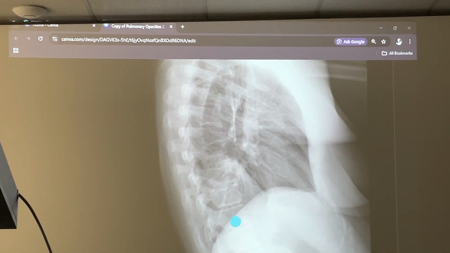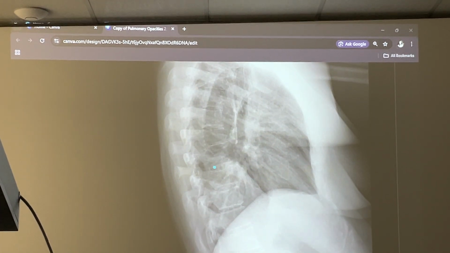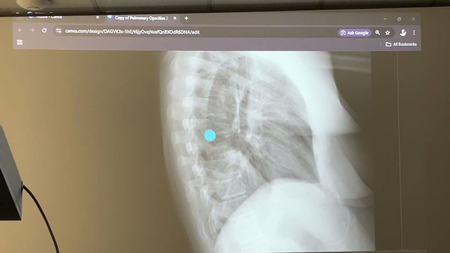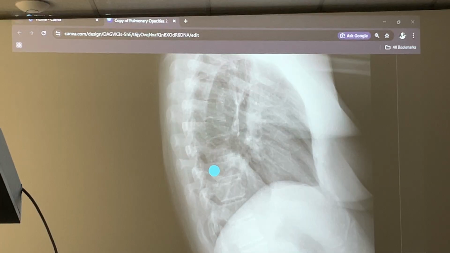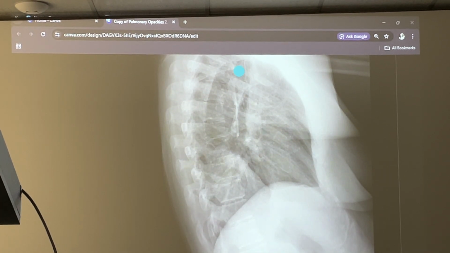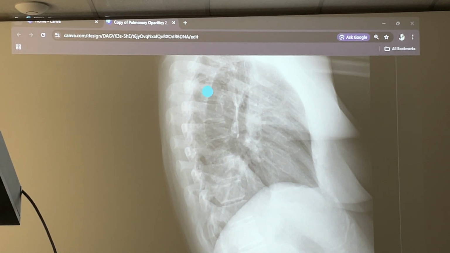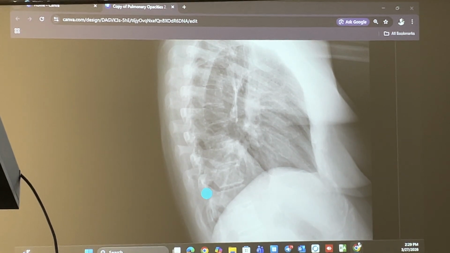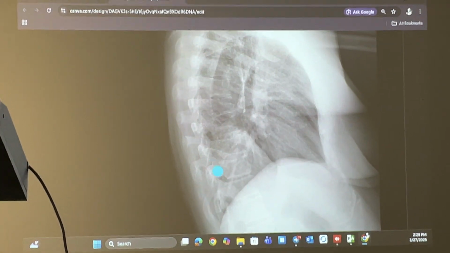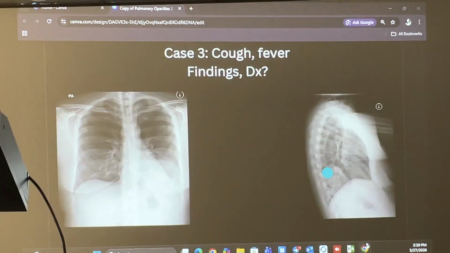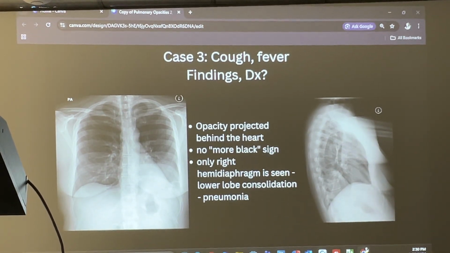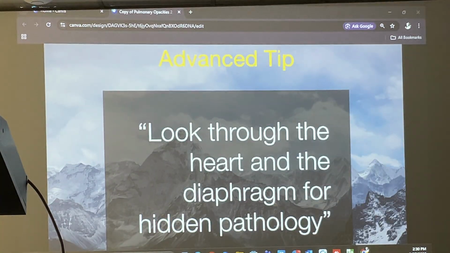How can you tell that this is consolidation or something else? When you go down, the vertebrae should be darker. Here, when you go down, you can see it's whiter and not darker. So there is consolidation. So this is left lower lobe pneumonia consolidation.